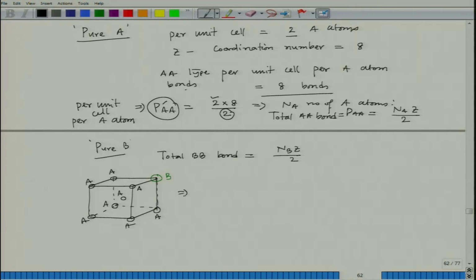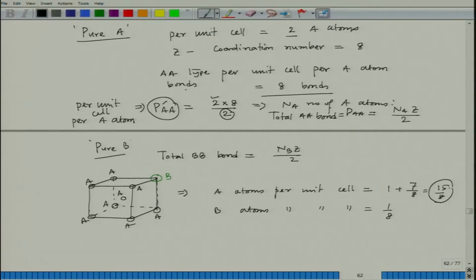The number of A atoms per unit cell would be 1 for the center A atom plus 7 by 8, because 7 corners are occupied by A atoms, each contributing 1/8. And the number of B atoms per unit cell is 1/8, because one corner is occupied by a B atom.